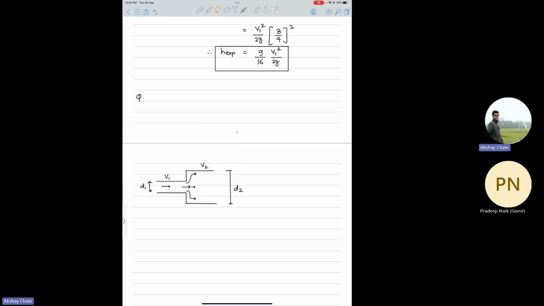So the same sudden expansion is happening between two diameters D1 and D2.